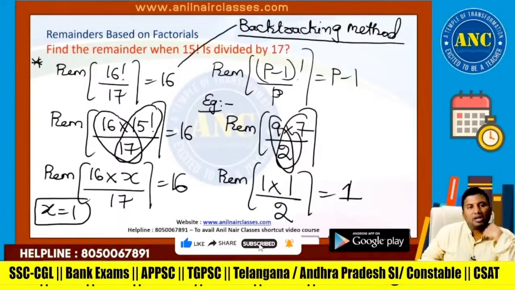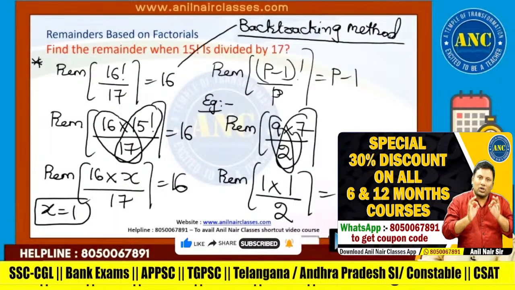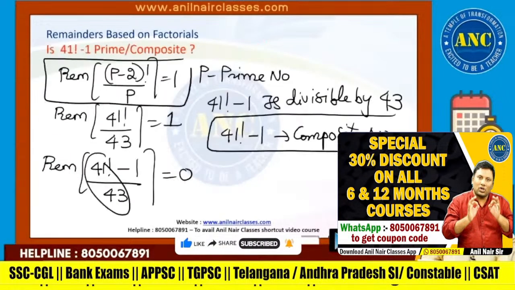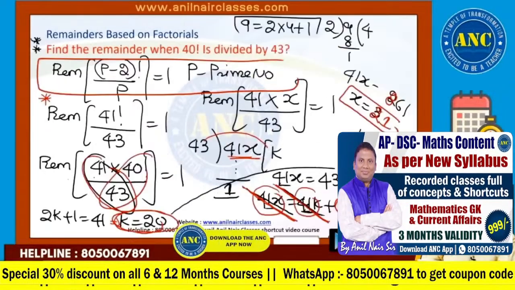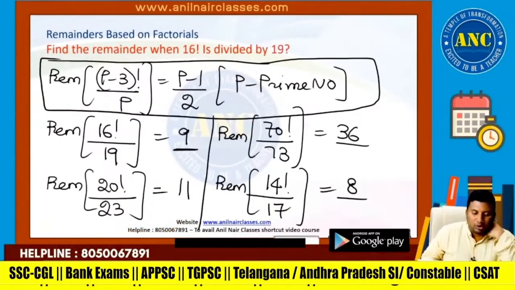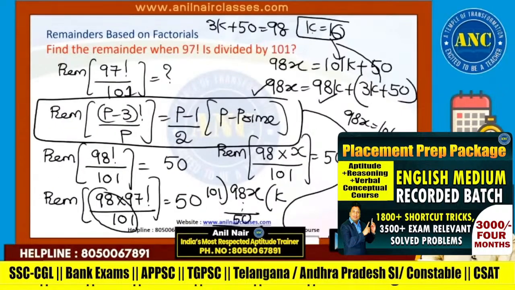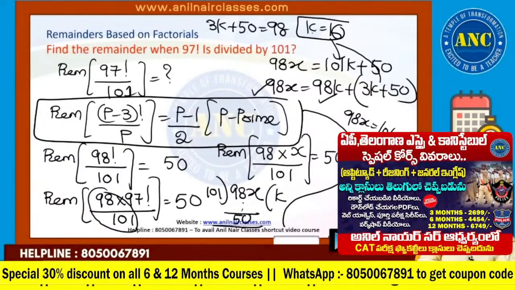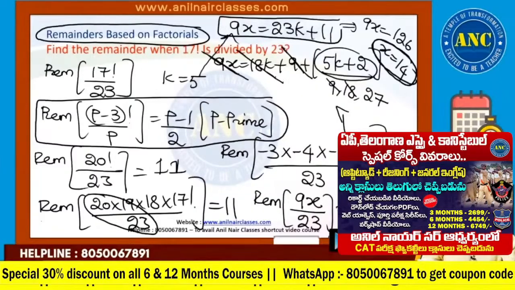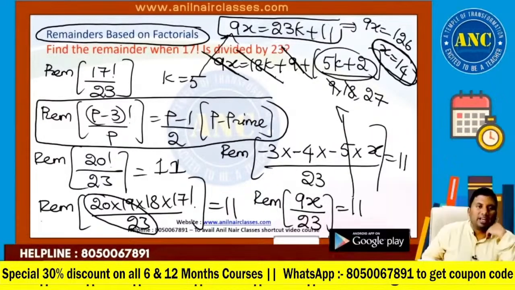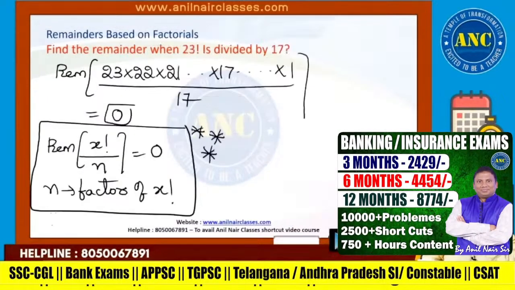Example, p minus 2 factorial when divided by p is 1. Example, p minus 3 factorial divided by p is p minus 1 by 2. What if it is not p minus 3 factorial? How to solve it? By using the factorization method. What if it is more than 3 deviations, 4 deviations?